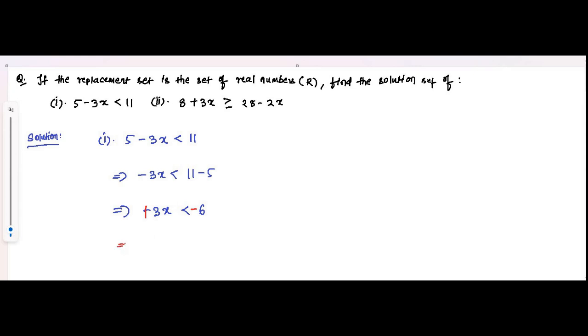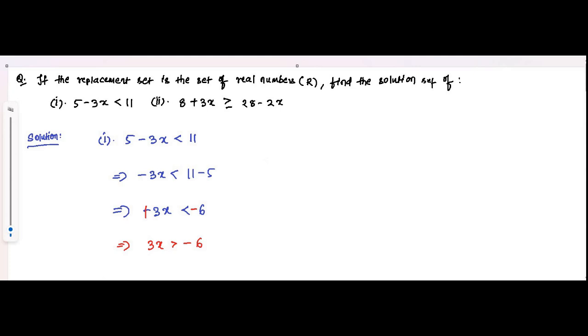That implies 3x is greater than minus 6. Initially it was minus 3x lesser than 6, so here it becomes 3x greater than minus 6.